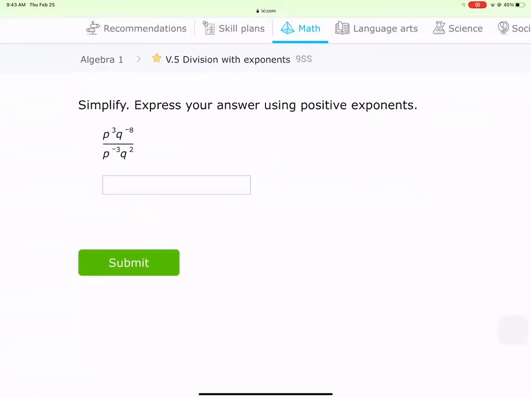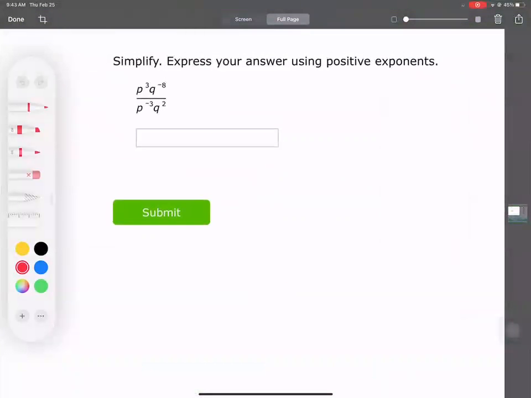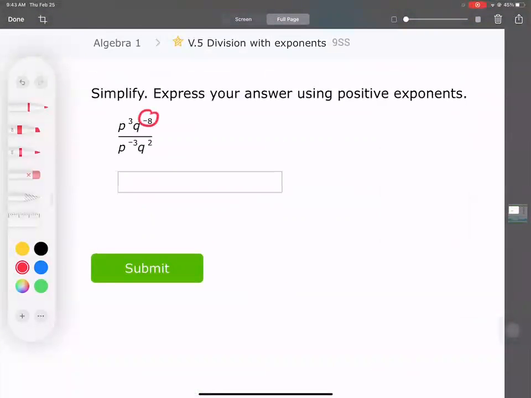So you have 2 different variables. Some are on top, some are on bottom. Here is the easiest method that I want kids to be able to do. Easiest method is to see how these guys are negative. Move them to where they would be positive. So if I rewrite this, this would be p cubed, right? That hasn't changed.